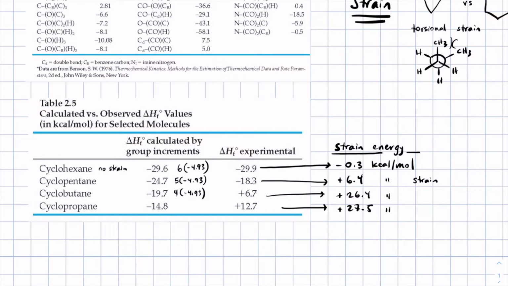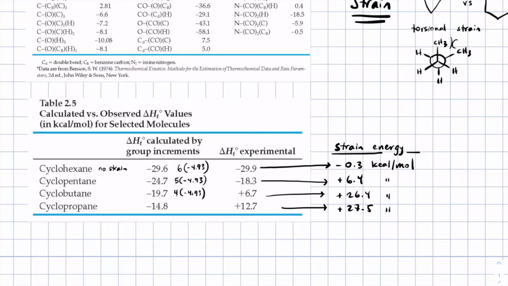And you can think of that energy as being stored in the molecule relative to its linear counterpart. And we would say that cyclobutane is way more strained than cyclopentane and cyclohexane.